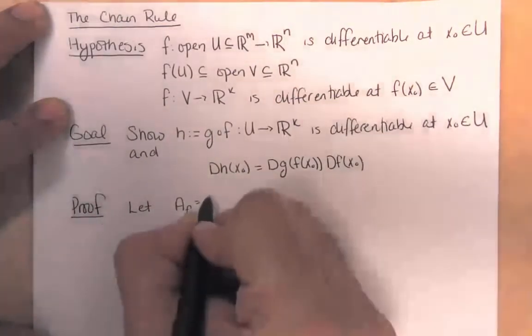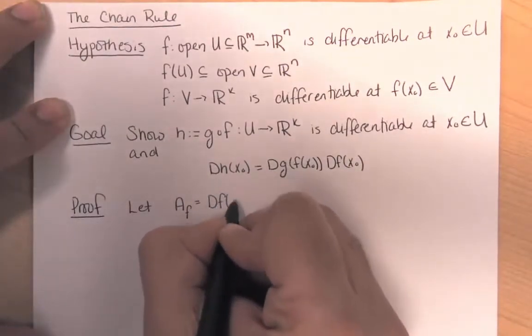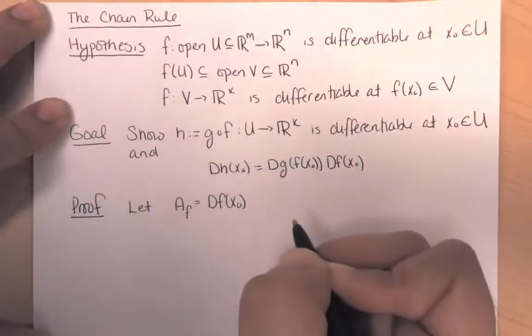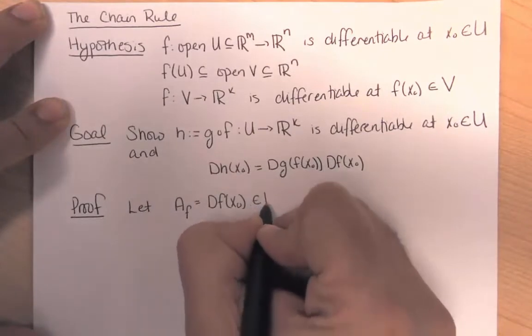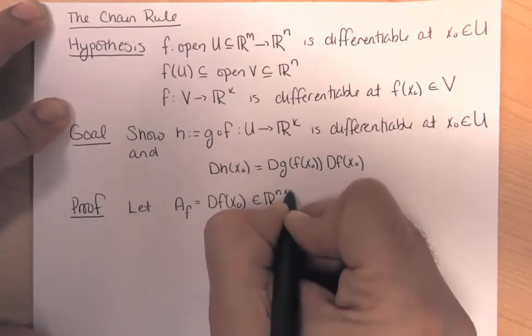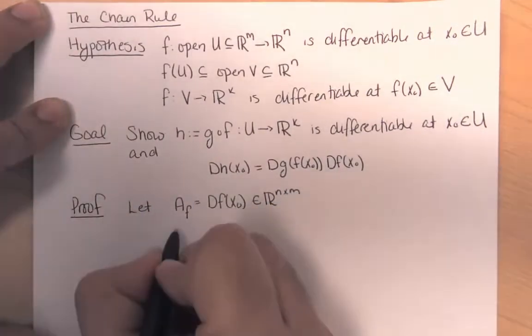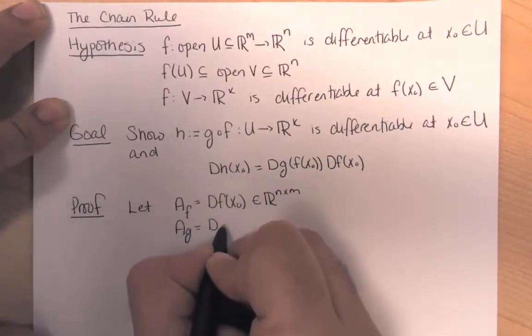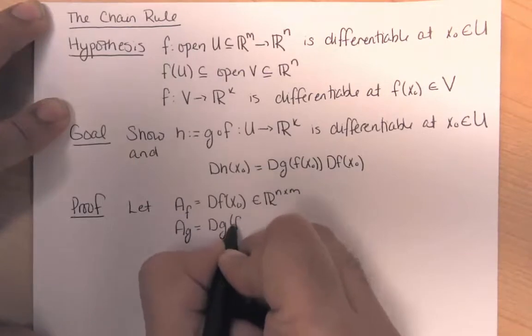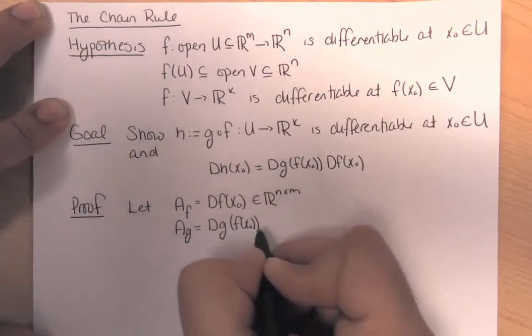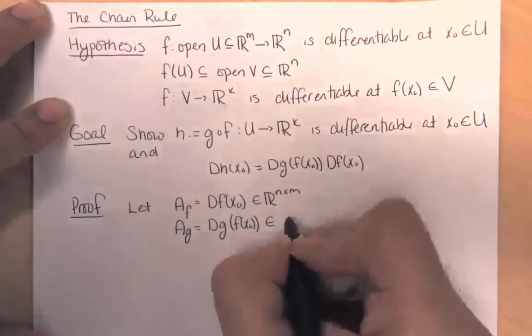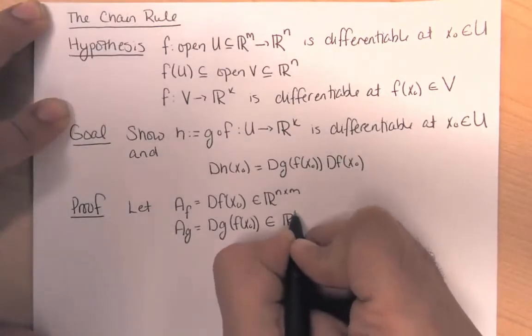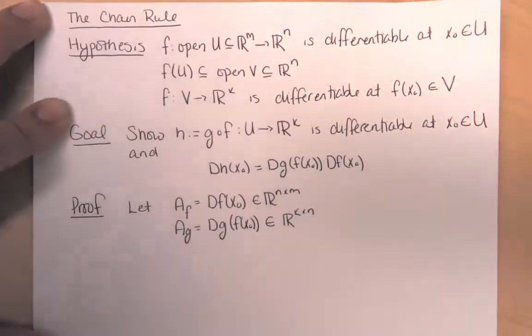We'll let AF be the derivative of f evaluated at x naught, and that is an n by m matrix. We'll let AG be the derivative of g evaluated at f of x naught, and that is a k by n matrix.